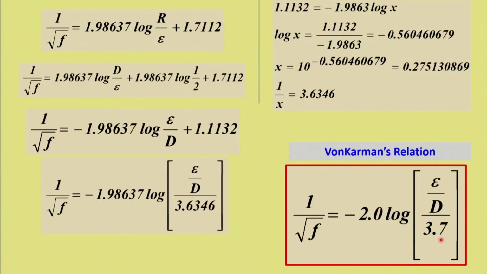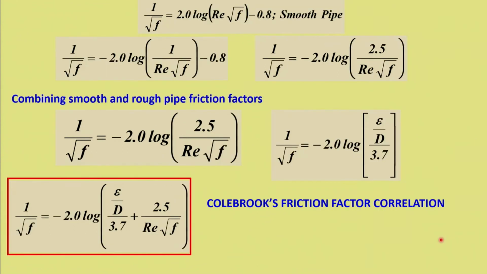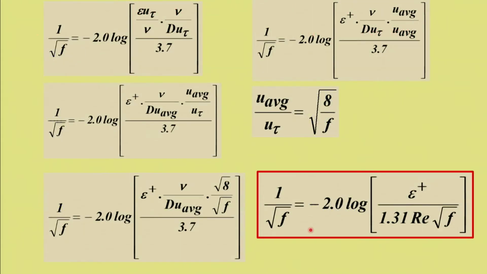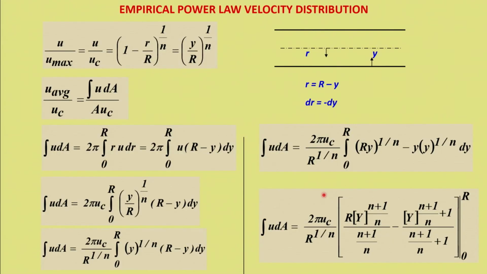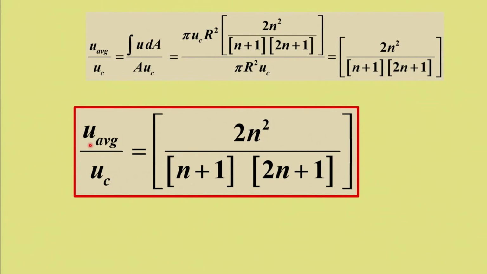A similar exercise we did for the hydraulically rough pipe, and we got minus 2 log of (epsilon by d) by 3.7. So combining this, we got the Colebrook relation. And also for the velocity profile, you found that the average by center line is given by a relation. So much about the turbulence fundamentals and getting the integral value from the universal velocity profile, the friction factor.